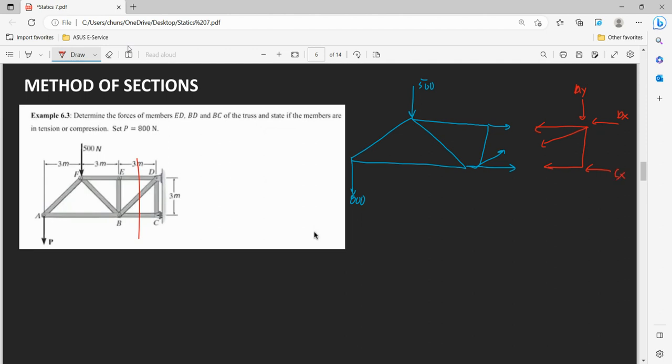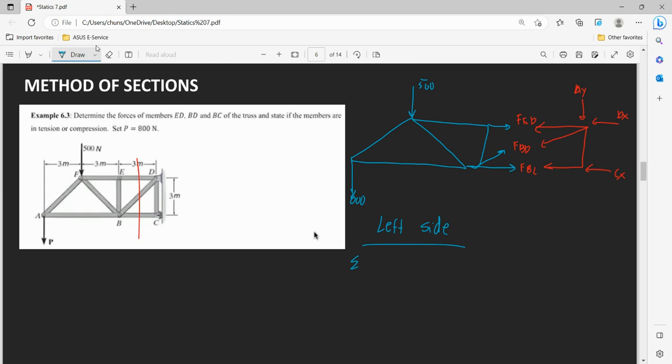And we have our unknown forces. So this is F_ED, F_BD, and F_BC. So we're going to solve for those. We're going to choose the side that has the least amount of unknowns. And for that, I would choose the left side because we have 1, 2, 3 unknowns, whereas on our right side we have 1, 2, 3, 4, 5, 6 unknowns. So we'll do our left side.